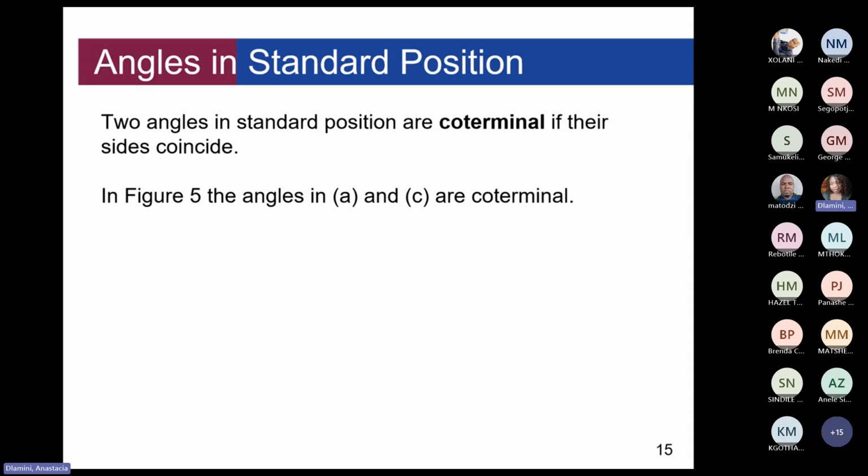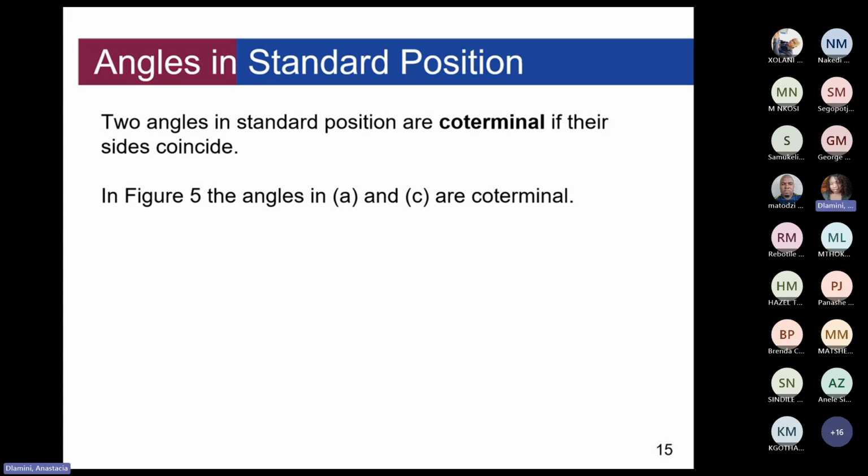You know when you close your hands like this, your thumb is on top of your thumb, your middle finger is on top of your middle finger, your little finger is on top of your little finger, isn't it? Then you say those are coterminal.